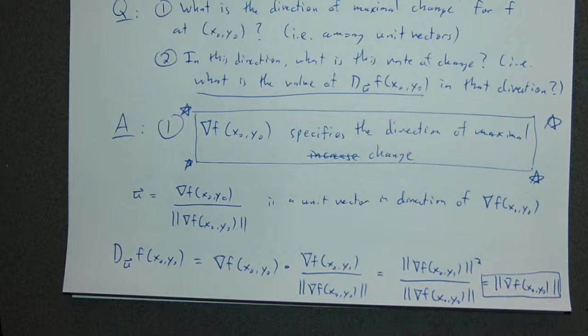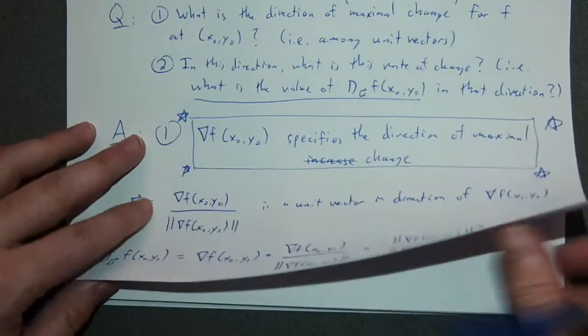What was I computing here, though? I was computing the value of the directional derivative in this direction of maximal change. So what is this quantity? What is the length of the gradient telling us? It's telling us the value of the directional derivative in that direction of maximal change. So it's telling us the maximal change, or sorry, for f at that point.